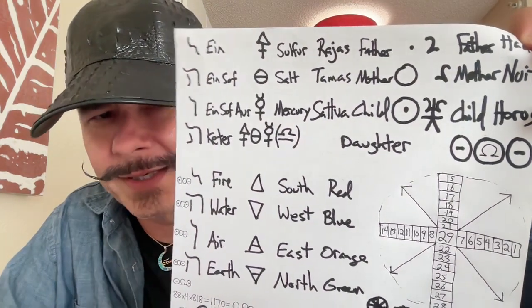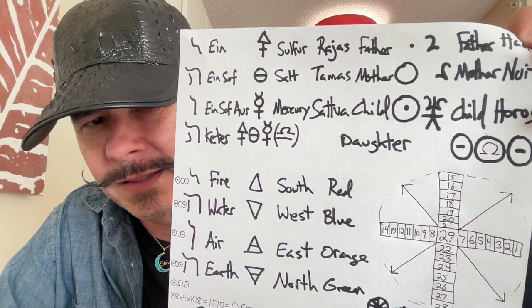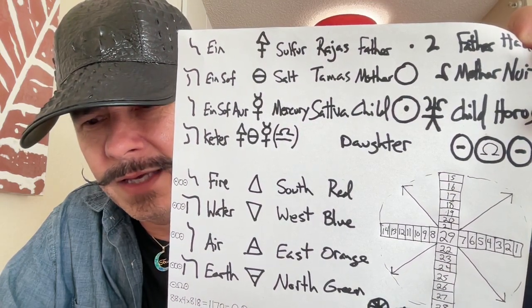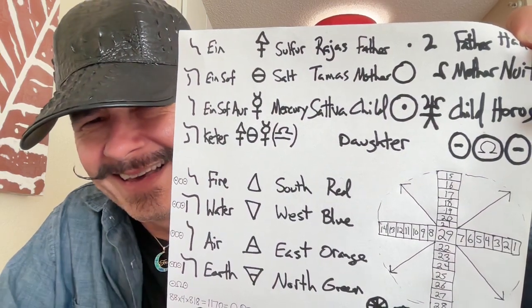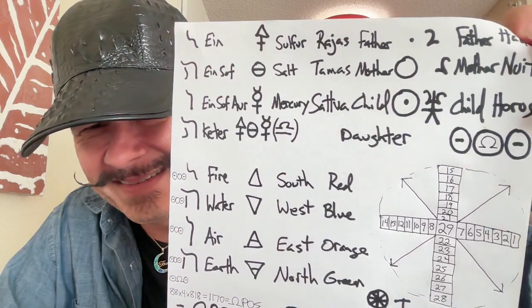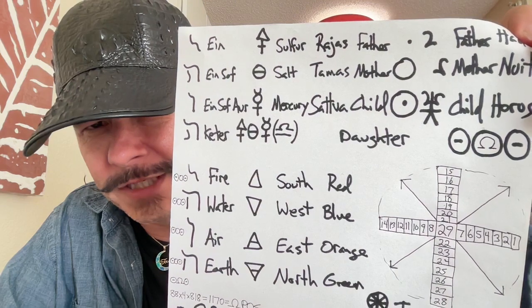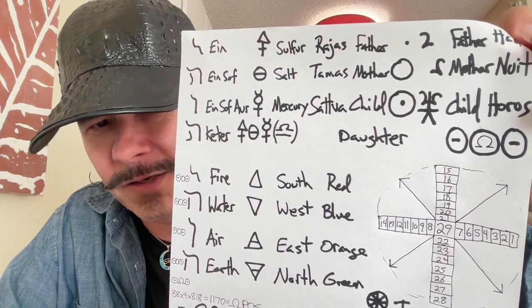Those two are opposites. So you have Rajas, Tamas, you have the swift and the slow, kind of father and mother. I don't want to get into it, but you know how the mother is a little bit less energy, cooking, taking care of the kids. The Rajas is a little more active.